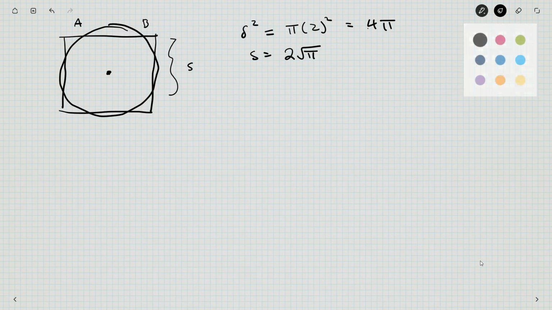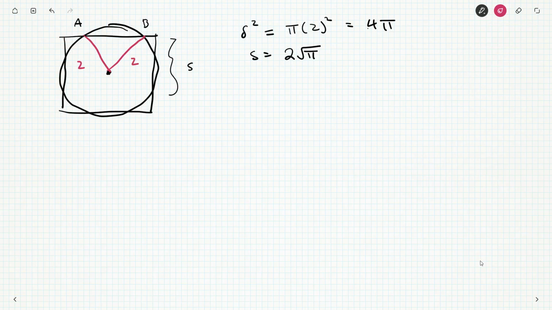Now, what can we do? Well, I notice A and B are both on the square and the circle. So I'm going to drop 2's here. And I suppose I can draw this perpendicular line through here. But a line through a chord that is a radius that is perpendicular splits this thing in half.